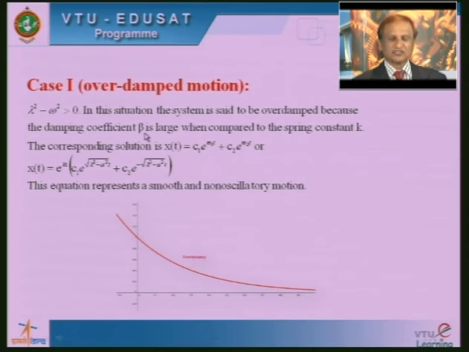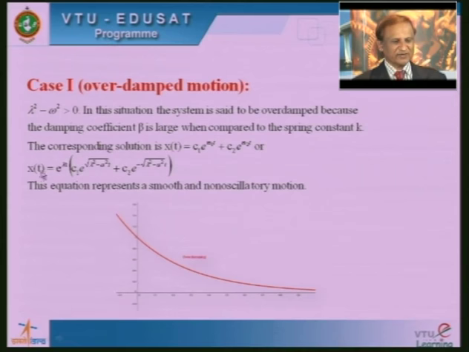Mathematically we know that in this case we will get two real and different roots, namely m1 and m2.